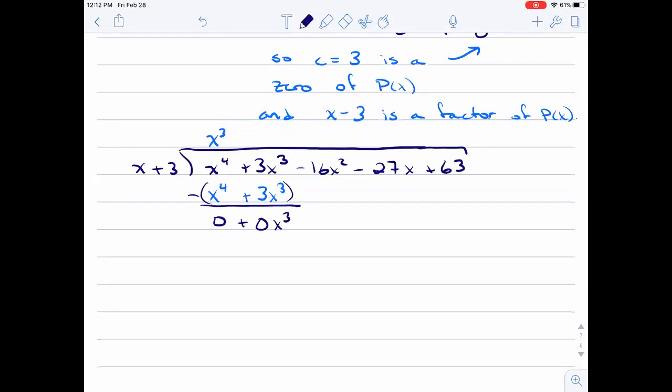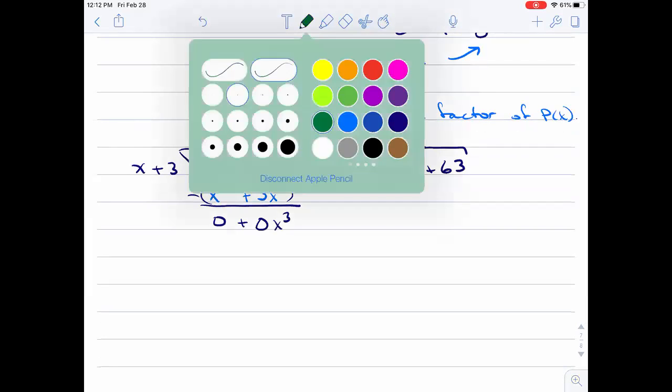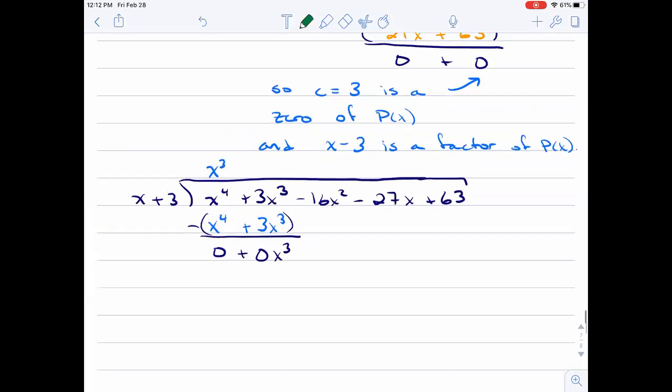I think we can still keep going, right? 0x to the 3 divided by x makes just 0. Let's just keep going and see what happens. I'm glad we're seeing something like this. I hadn't really thought of it, but obviously it happens. So here, 0x to the 3 divided by x, plus 0x squared technically.